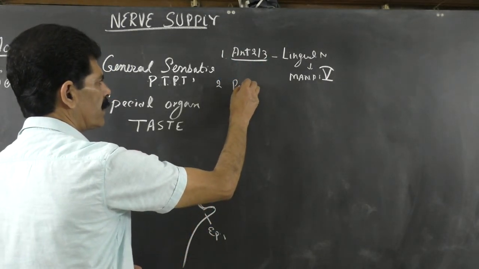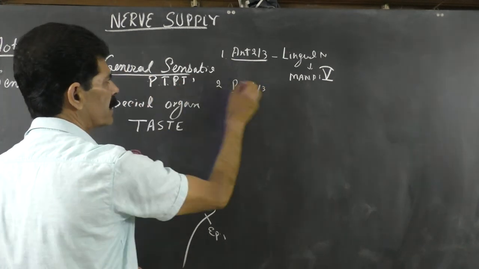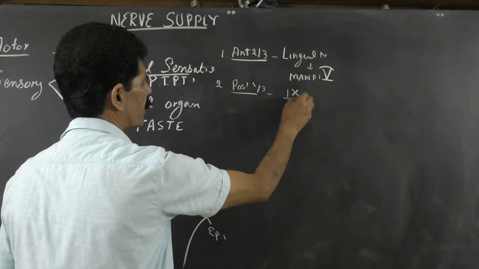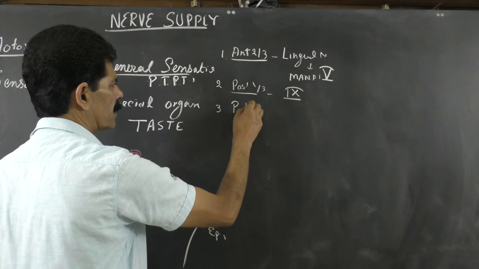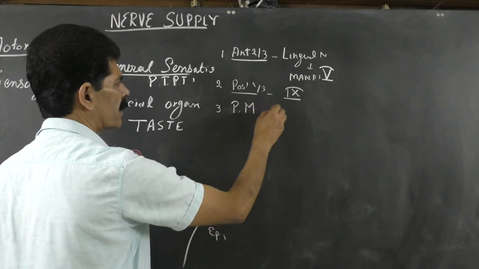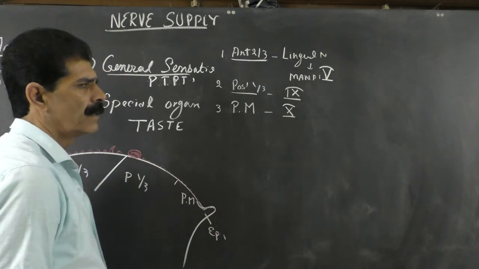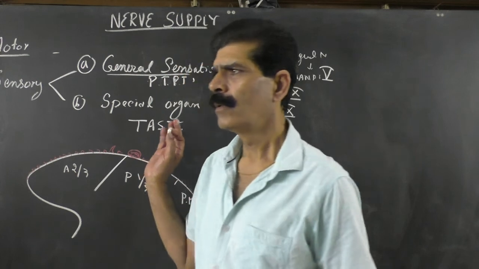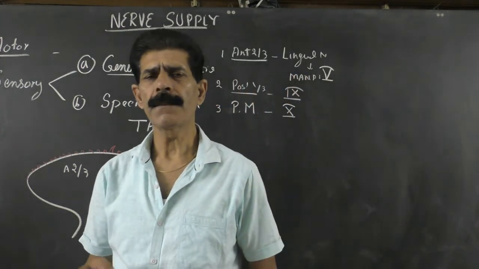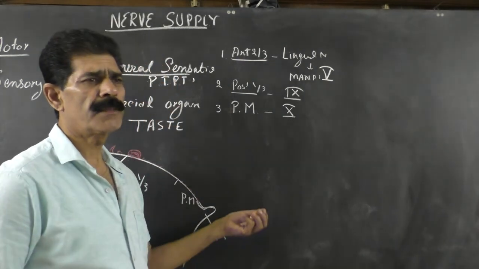Then the posterior 1/3: general sensation from the posterior 1/3 is carried by the glossopharyngeal nerve, the ninth. And general sensation from the posterior most part of the tongue is carried by the 10th nerve, that is the vagus nerve. So these are the general sensations, how they go from the tongue to the brain. The general sensation ultimately reaches the post-central gyrus.